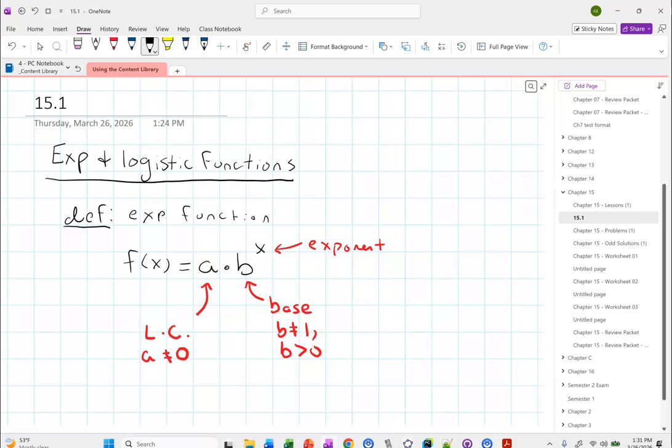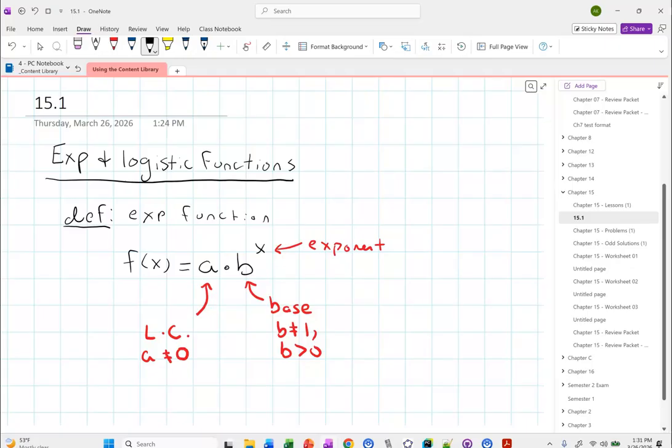A little bit more difficult. Why do we make b have to be positive? Why can't b be a negative value? Because a negative number to any power would be imaginary. Well, a negative number to some powers is imaginary. Specifically, the powers that are a problem are the fractional exponents whose denominator is even, for example 1/2, because we know 1/2 is the same thing as a square root.